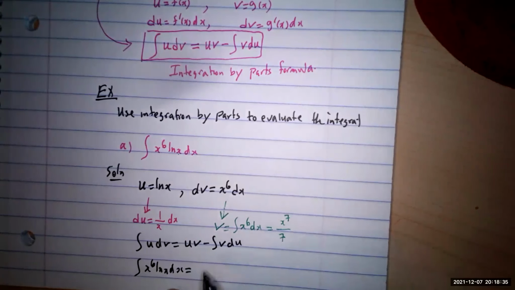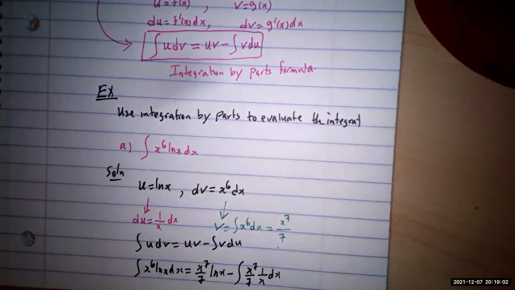So uv would be x to the 7 over 7 times ln x. That's uv minus the integral of v du. v is x to the 7 over 7, and the du is 1 over x dx. You see? uv minus v du.